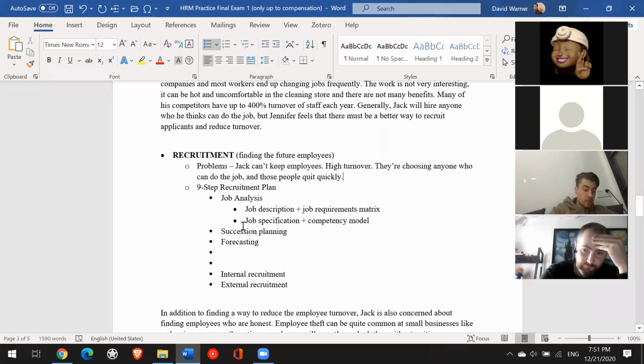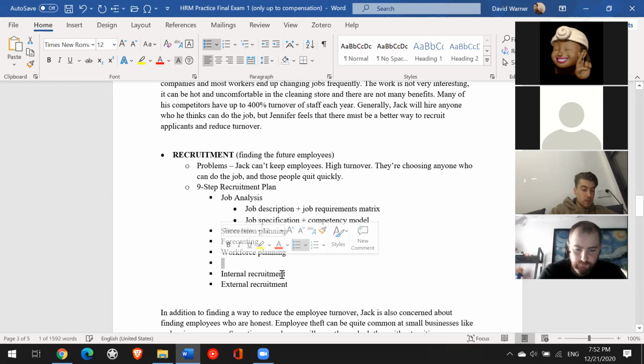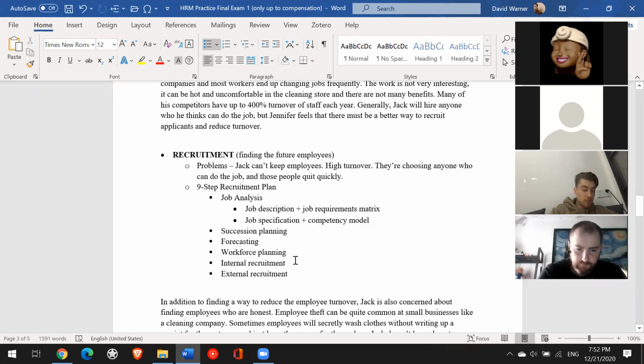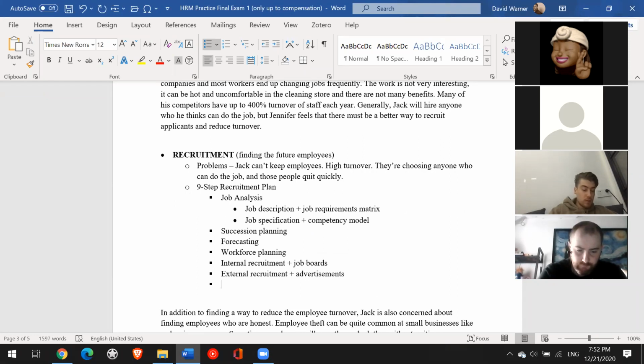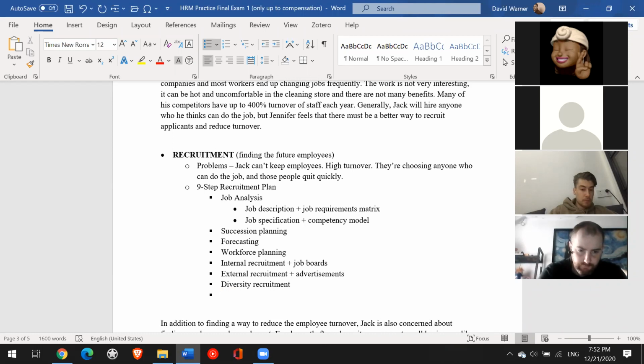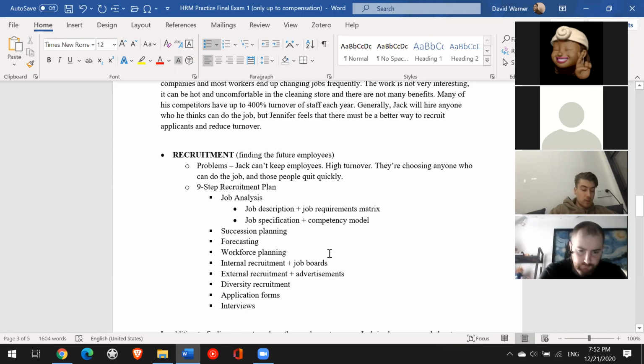Let's take a step back and understand the job, make sure we're planning first for the managers, forecasting how many people we'll need, workforce planning, looking at the environment and seeing how many people are available, then doing internal recruitment, plus job boards, external recruitment plus advertisements, diversity recruitment, creation of application forms, and then interviews. Those were really the steps in the recruitment plan.